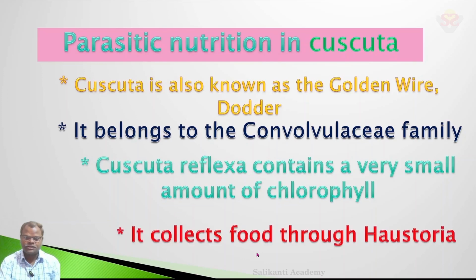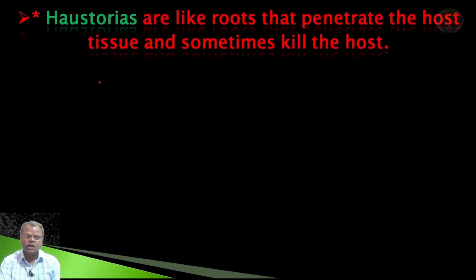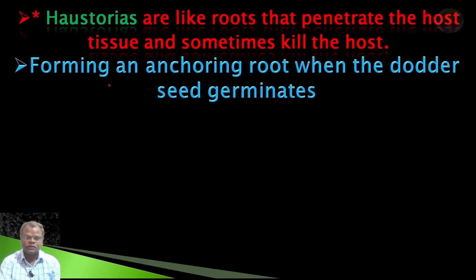It collects food through haustoria. Haustoria are like roots that penetrate the host tissue and sometimes kill the host, forming an anchoring root when the dodder seed germinates.